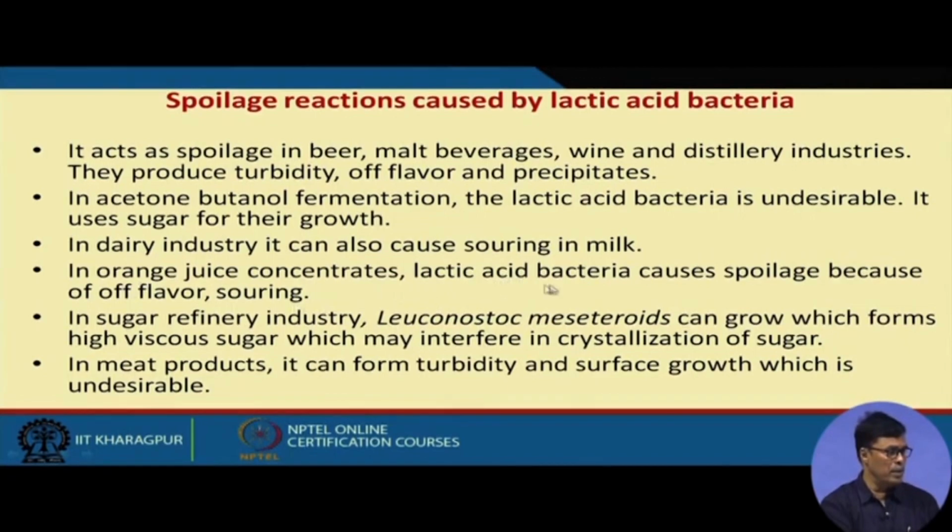In orange juice, lactic acid bacteria cause spoilage because of off flavor and souring. In sugar refineries, Leuconostoc mesenteroides can grow and form a viscous sugar which may interfere with crystallization of sugar. This is also very important. In meat products, they can form turbidity and surface growth, which is undesirable. So, lactic acid bacteria have all the advantages, but they have several disadvantages also.